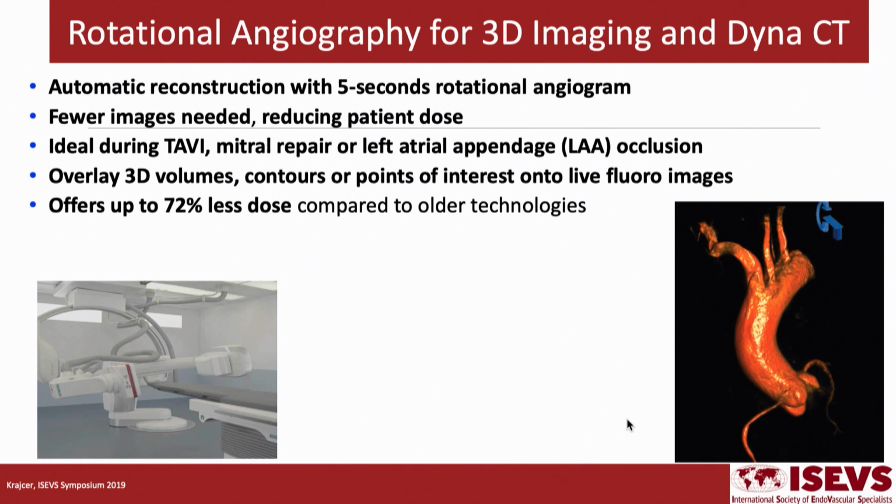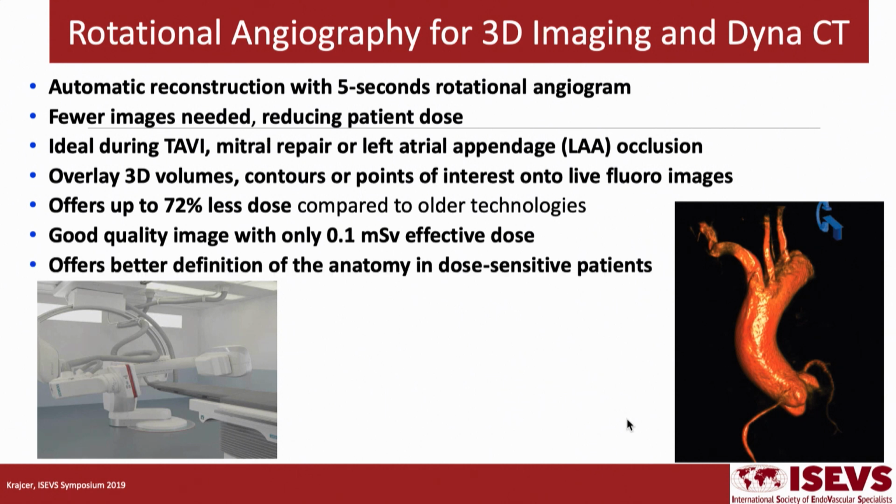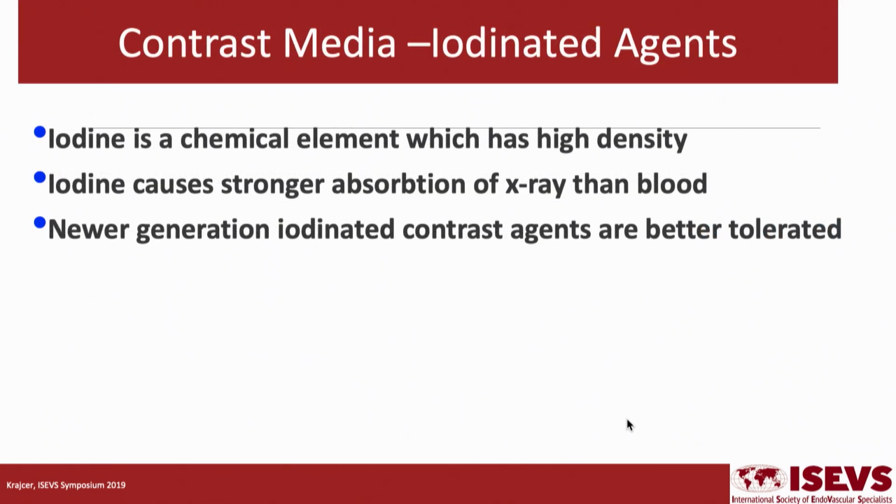We can also dramatically reduce the radiation dose with this type of modality and obtain good quality imaging with minimal radiation dose and achieve better definition as far as the anatomy, particularly in patients that have dose-sensitive issues such as chronic renal failure or contrast allergy.